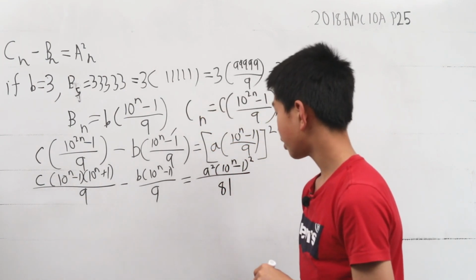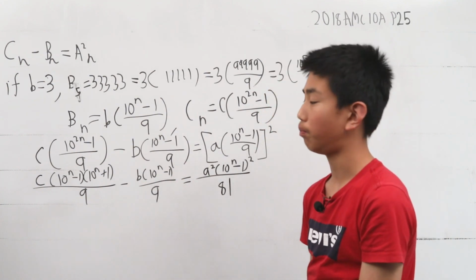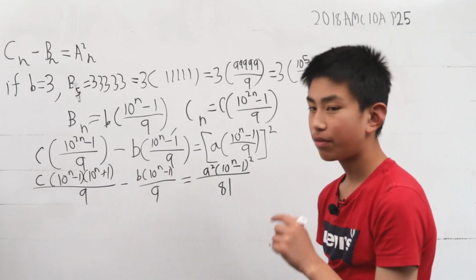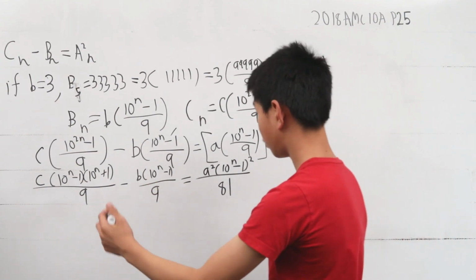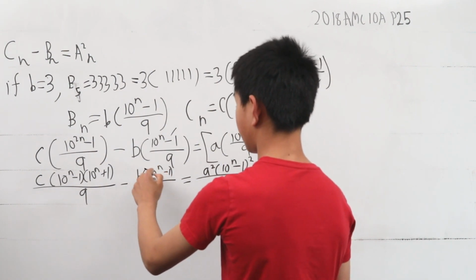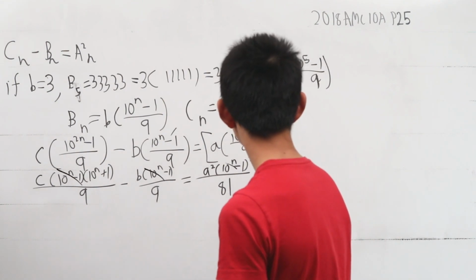We see here that we can get rid of these pesky denominators by multiplying by 81. And since 81 can be divided by 9, these will also go away. And we can also cross out all these 10 to the power of n minus 1s because it's a common term.